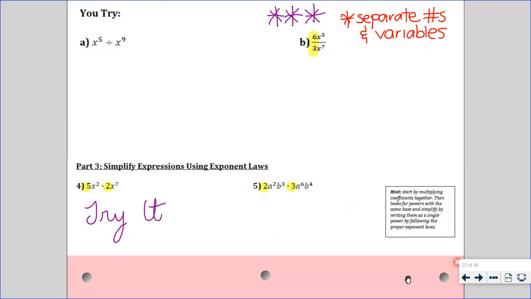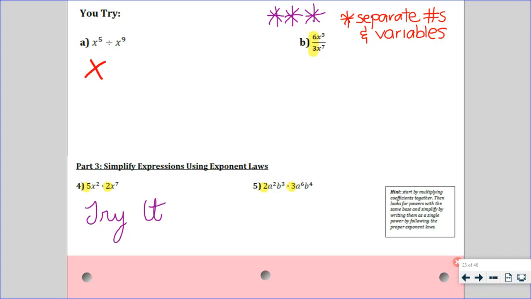Okay, so our next question is x to the power of 5 divided by x to the power of 9. So we know when we see division, what is this rule called? Does anybody remember what we called this rule? Perfect. Quotient rule. So with that rule, what do we do to our exponents? Perfect. So we're going to keep our base the same, and we are going to subtract our exponents.